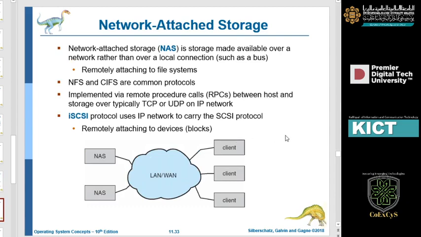For example, there is other storage called NAS, network attached storage, usually attached to the host via fiber channel. So it can sit anywhere in the LAN or WAN and can be accessed by clients.